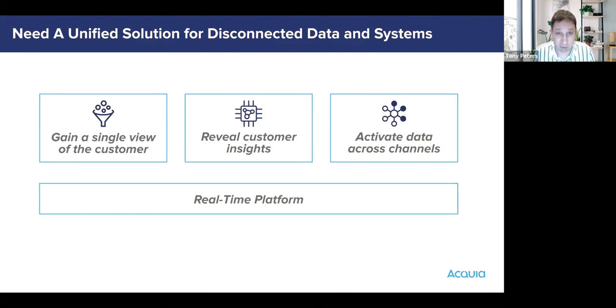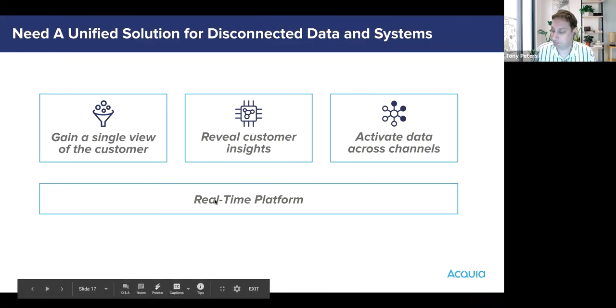Of course, that's very important for your strategic vision and making sure you're doing things properly. And this is the one I find is really the differentiator: activating that data across these different channels. Think of it as an agnostic platform that sits in the middle and pushes across to these execution points for the teams. And all of that needs to happen in real time.